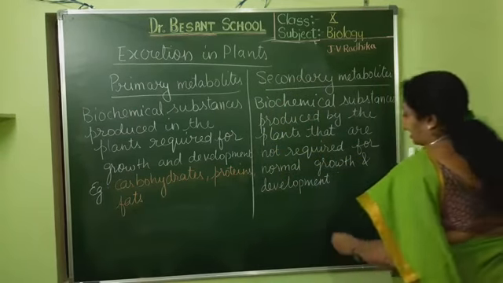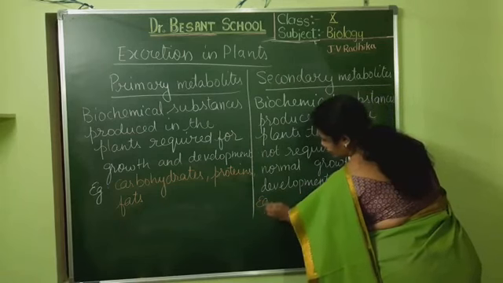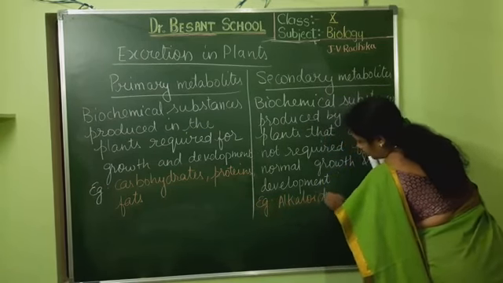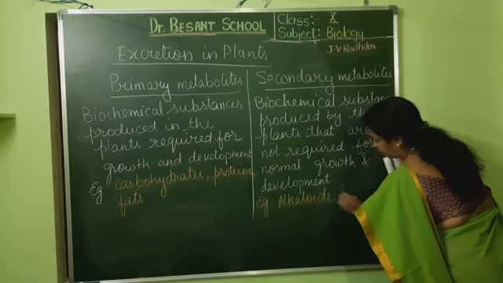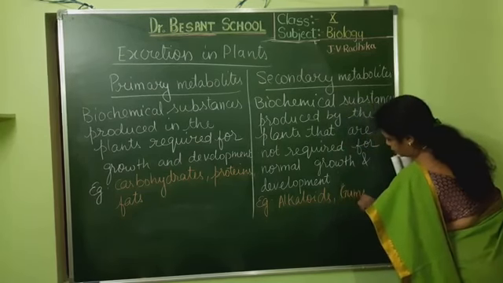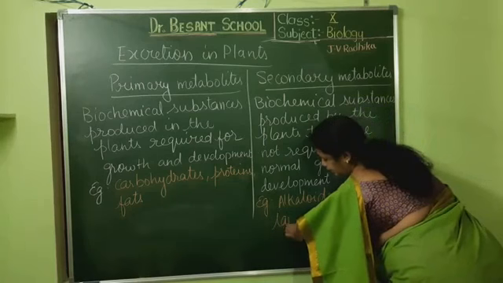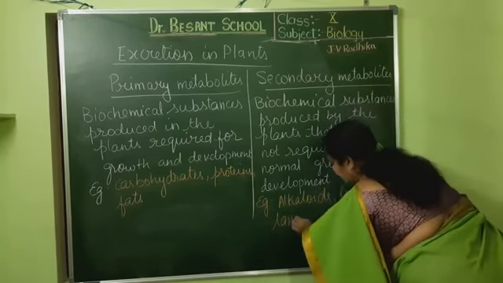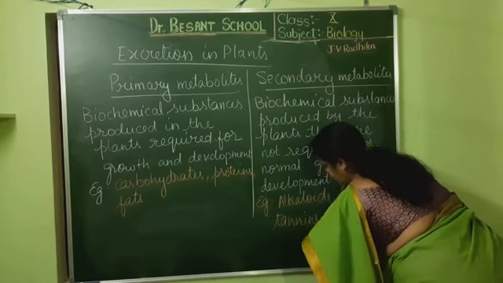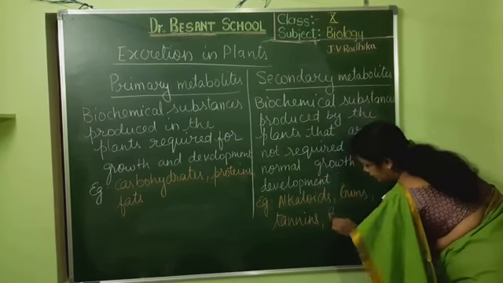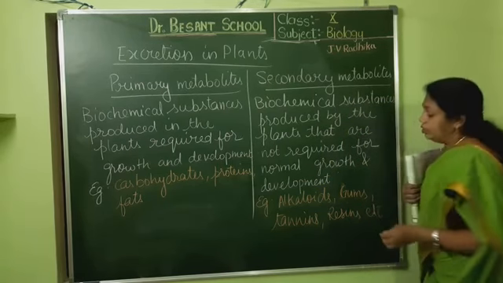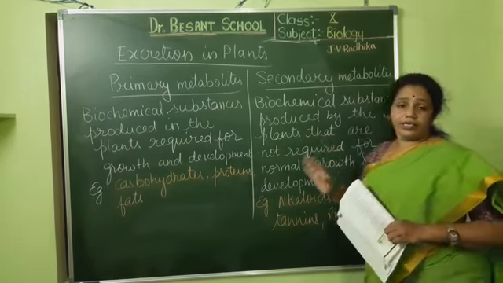Examples are alkaloids, gums, tannins, resins, etc. If they are not there, nothing will happen to the plant.